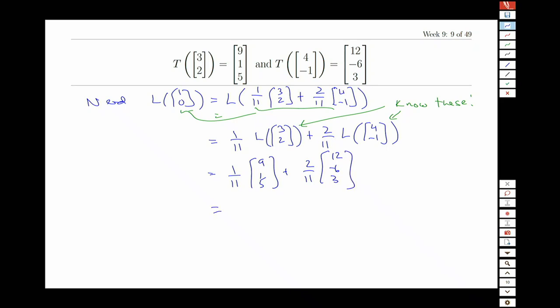And we do some math. 9 plus 24 is 33. 33, 1 minus 11, 5 plus 6 is 11. Oh, that's nice. It's just 3, minus 1, 1.